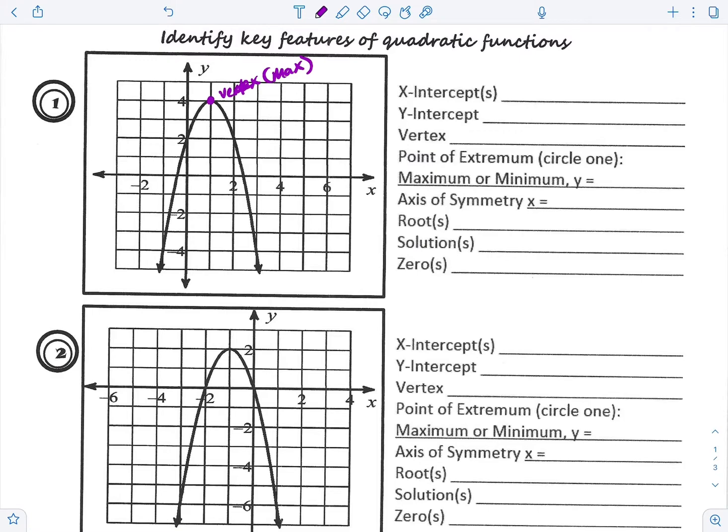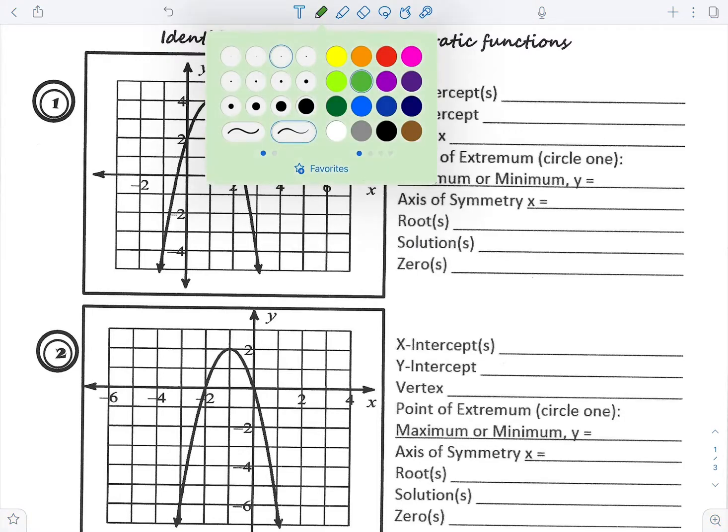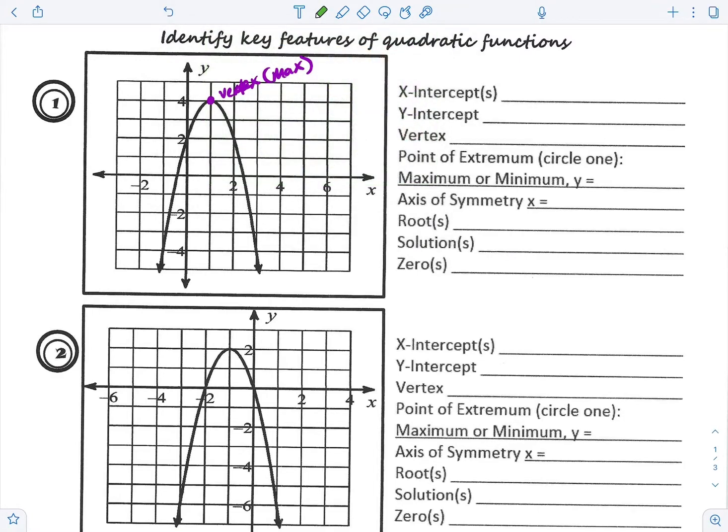Okay? So what about our x-intercepts? Our x-intercepts are the points that cross this x-axis right here. So try to identify those. Hopefully what you figured out is that there's a point right here and a point right here.